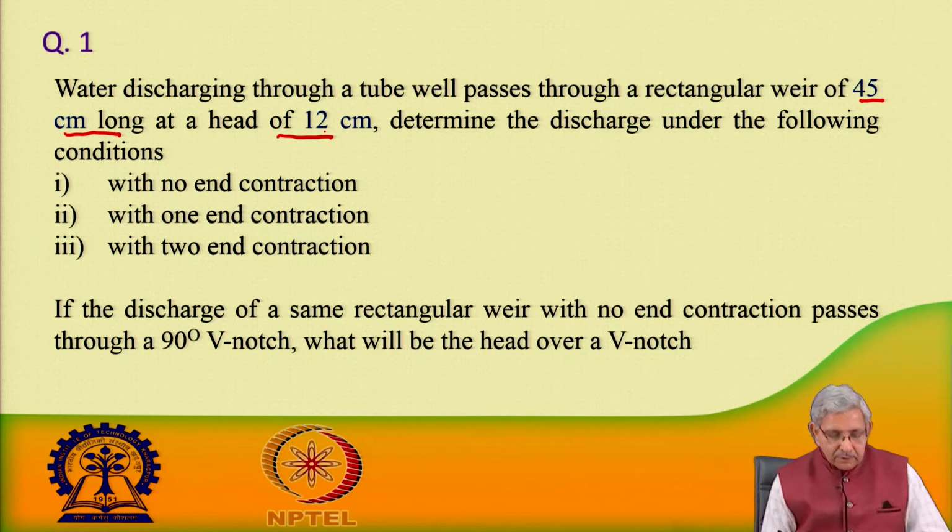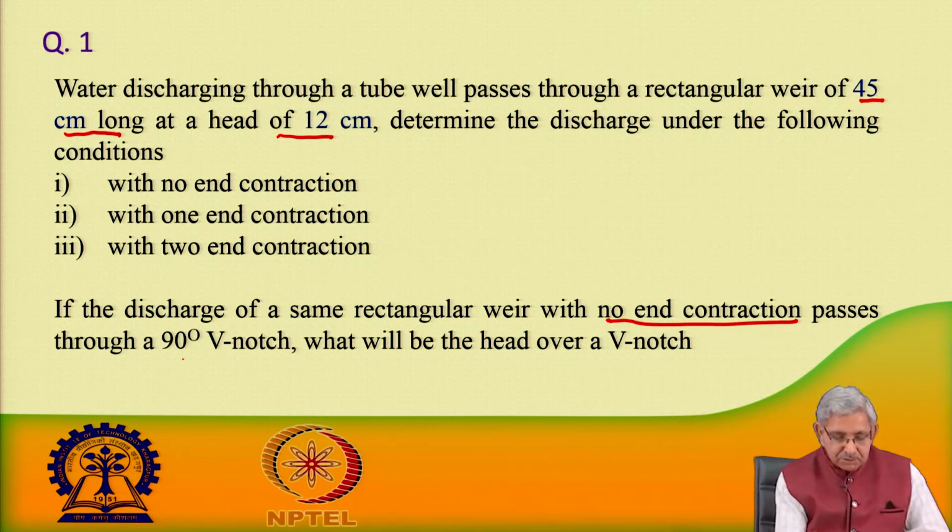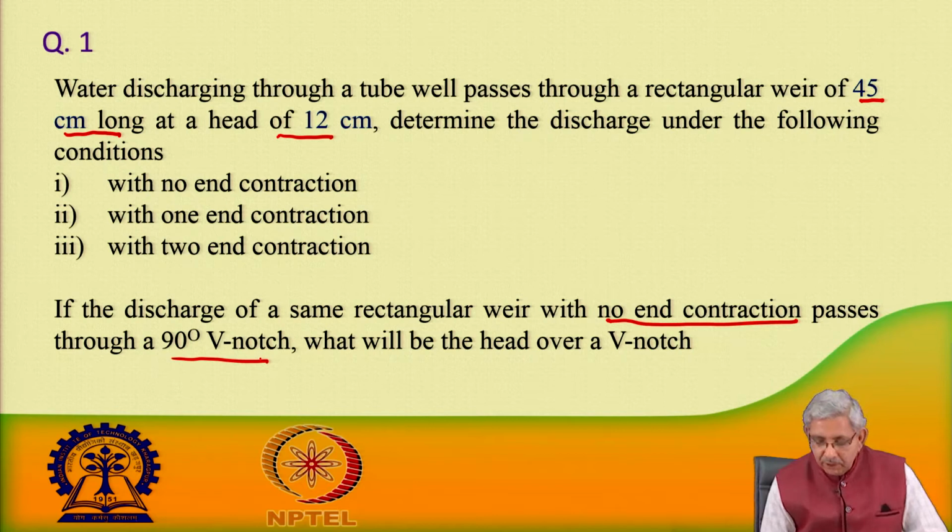Now, if the discharge of the same rectangular weir with no end contraction, that is the discharge from case 1, passes through a 90-degree V notch, what will be the head over the weir? This is the question given to us: what will be the head of water over the crest of a 90-degree triangular weir.